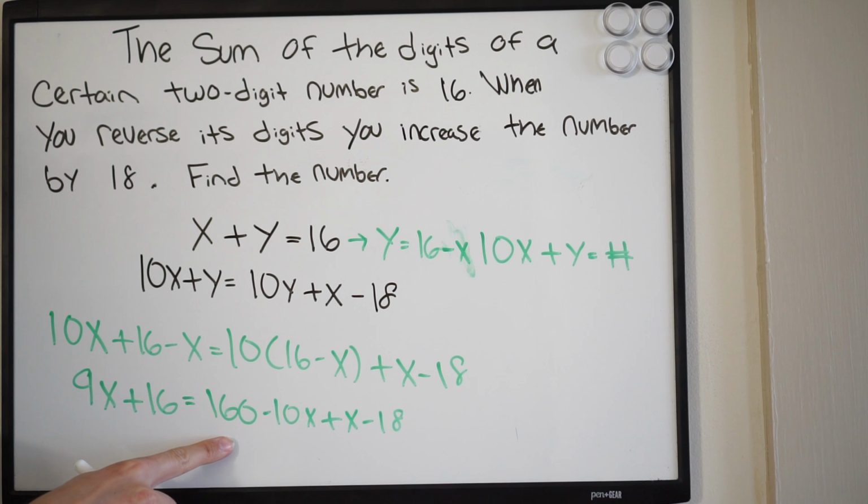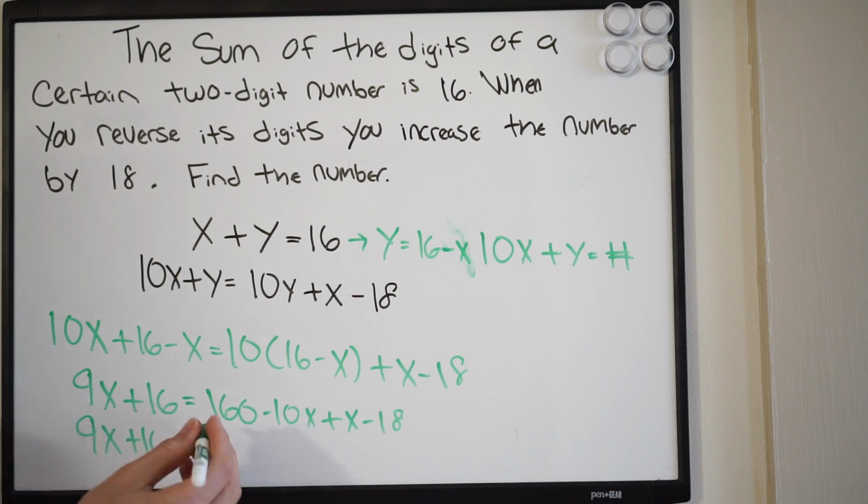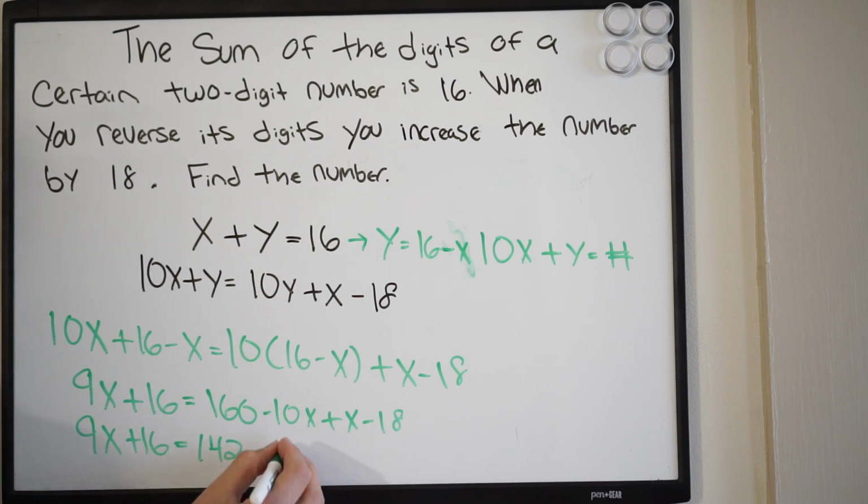Let's clean this up a little bit. We have 9x plus 16 equal to 160 and a negative 18, so this goes down to 142. And then a negative 10x and a positive x, well, that's going to be negative 9x.